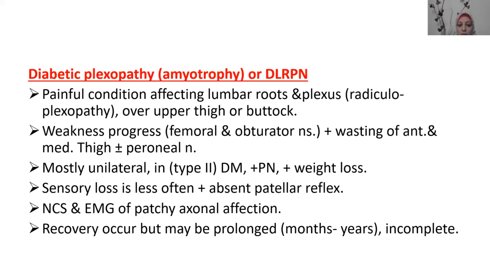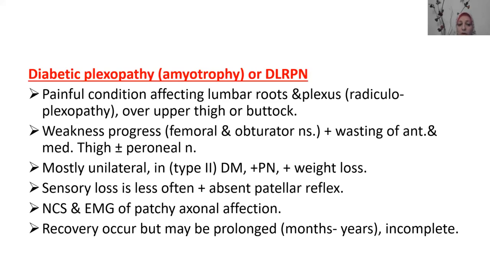The nerve conduction study will show a picture of patchy axonal affection in the form of reduced CMAP and SNAP. But as it is a patchy axonal affection, the sensory nerve action potential may be spared, giving a picture more likely radiculopathy rather than plexopathy.